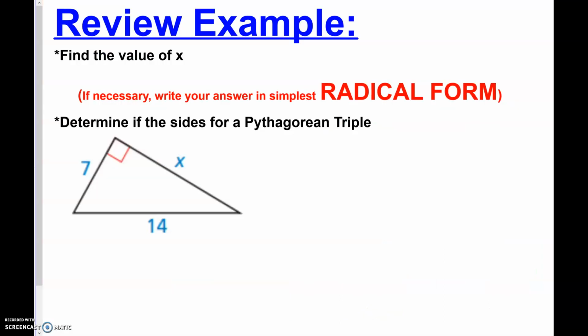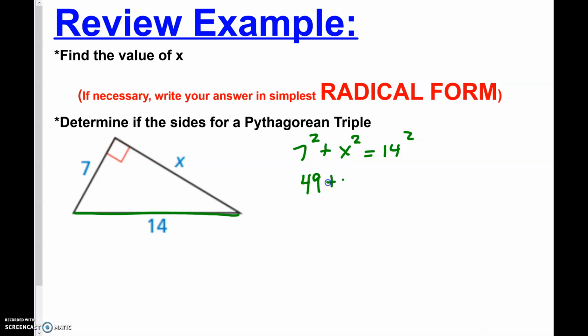All right, so let's see here. Find the value of x. Okay, so I like to focus on and find my hypotenuse. So 7 squared plus x squared equals 14 squared. 7 squared is 49 and 14 squared is 196.